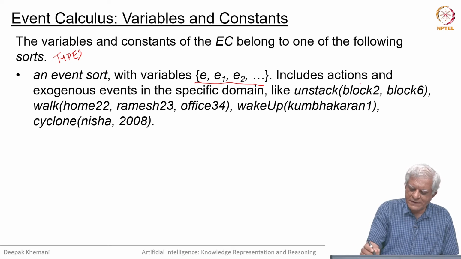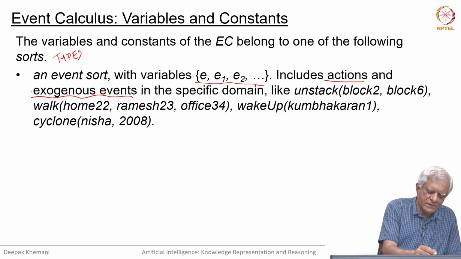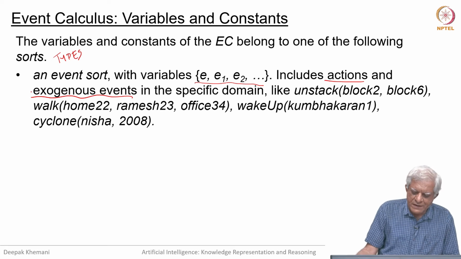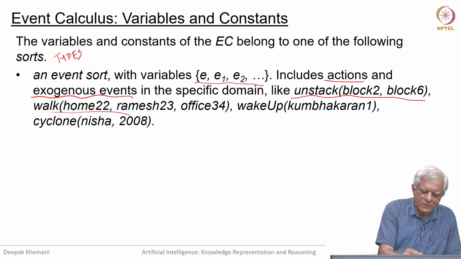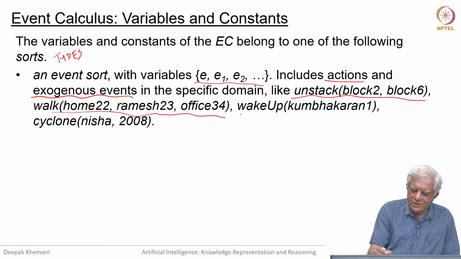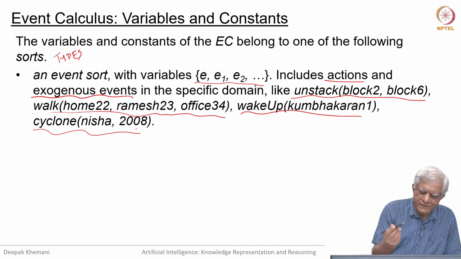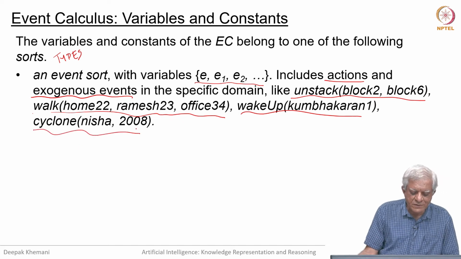Events include actions, and we will use the terms interchangeably, but they also include exogenous events like rain in the domain, and we have already seen this. You can unstack a block, or Ramesh can walk from home to office, or Kumbhakaran can wake up, or there was a cyclone which was an event whose name was Nisha, it happened in 2008.